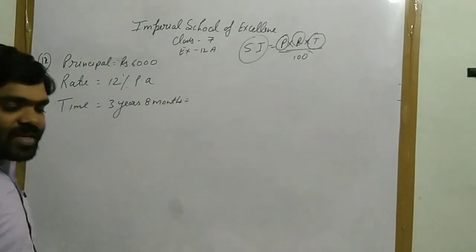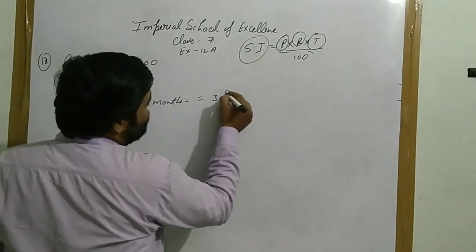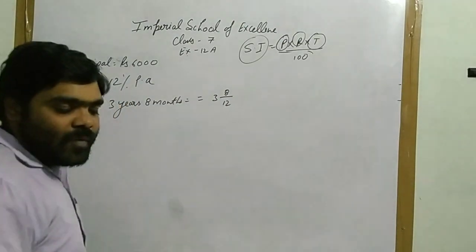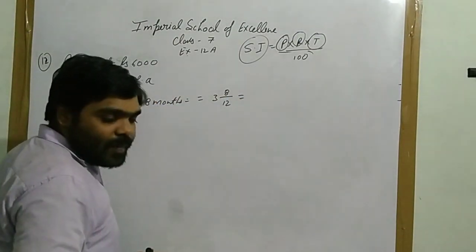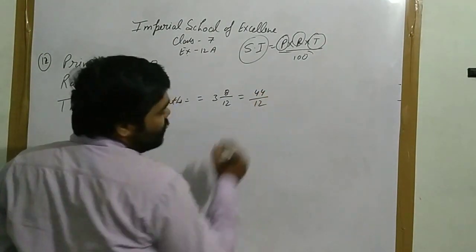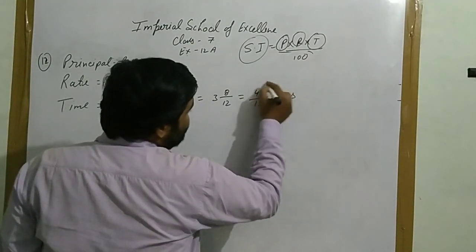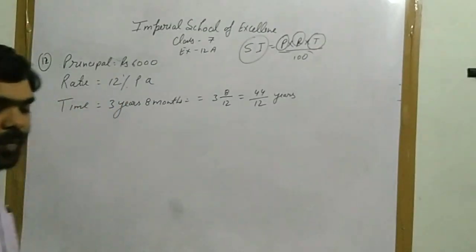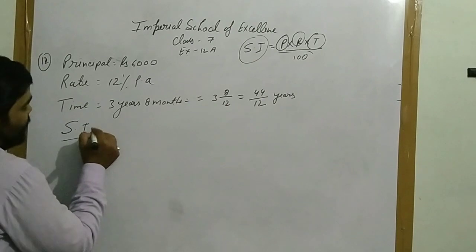First of all, you have to change the time. 3 years 8 months means 3 and 8 upon 12, since in 1 year there are 12 months. Changing this, it will be 44 upon 12 years. Now you have to calculate SI, simple interest.